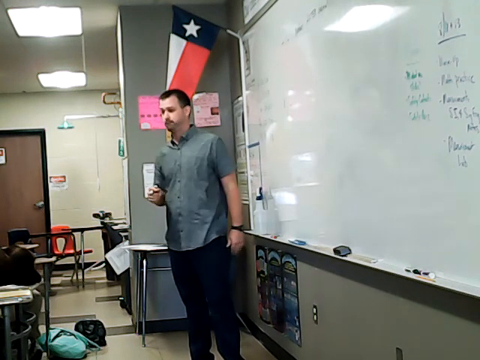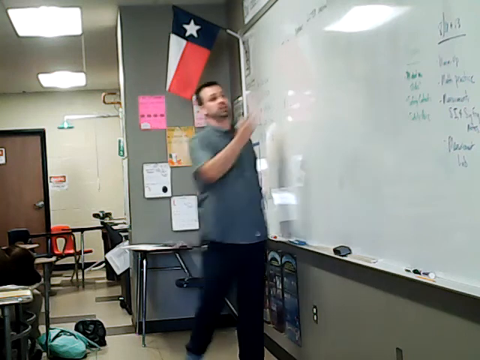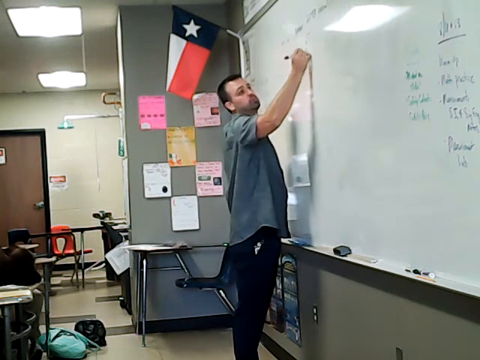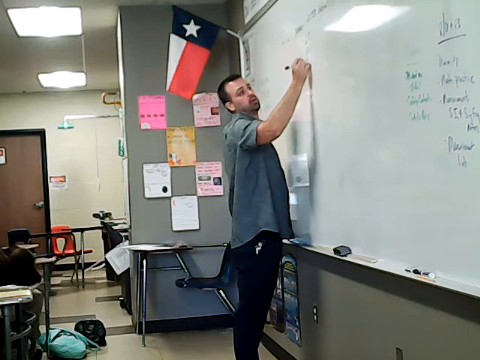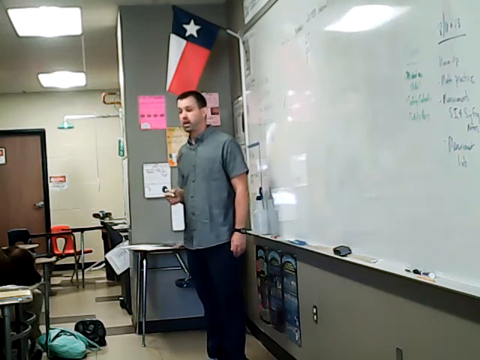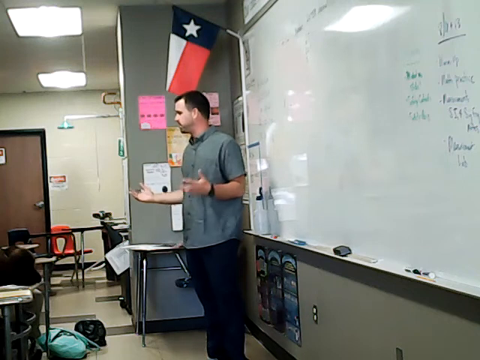What do I mean by that? So let's say I'm trying to add 2.5, 2.01, and 3. I know this is a little bit different than what's on your paper, but it's the same concept.